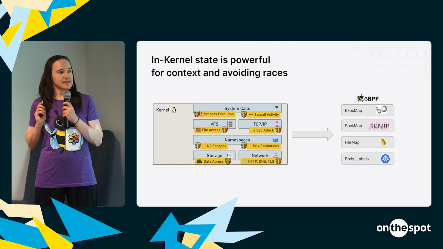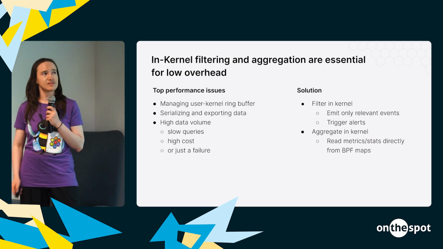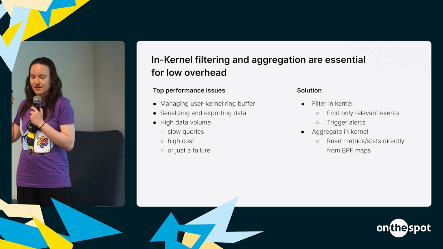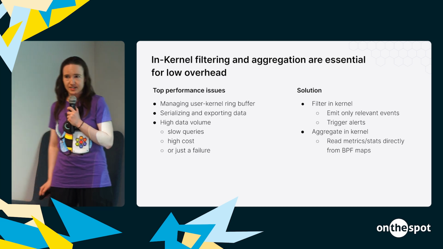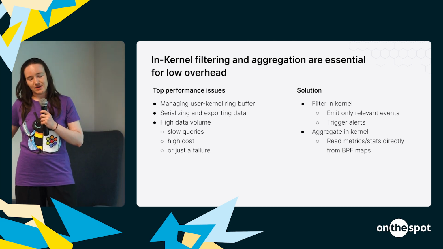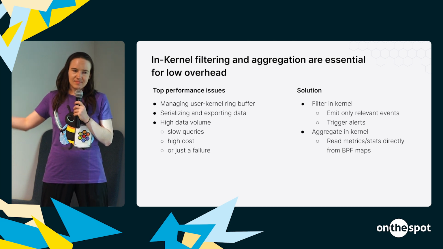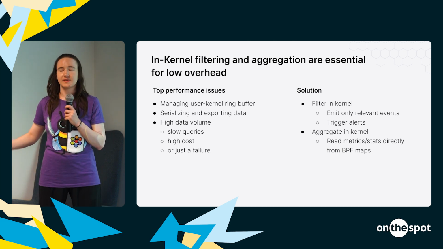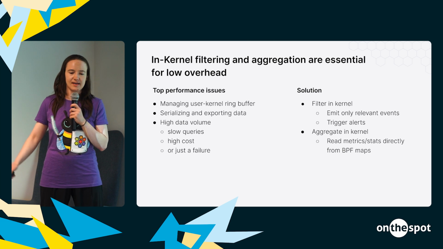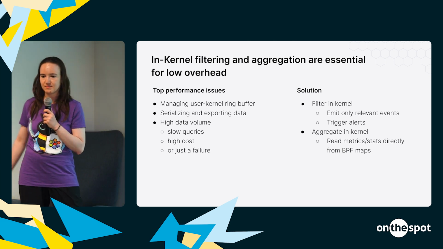The next thing is that internal filtering and aggregation are really essential for low overhead. How observability pipelines usually work is that we collect lots of events, lots of metrics, and then we always somehow filter and aggregate them.